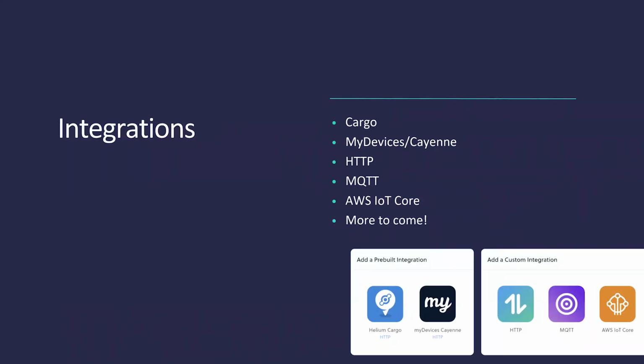So integrations. This is a mechanism via console that allows you to pipe device data through to endpoints. And so I can use MQTT, HTTP. We now have a full integration with My Devices and Cayenne, which allows you rapid application development, to prototype in a mobile-friendly format.